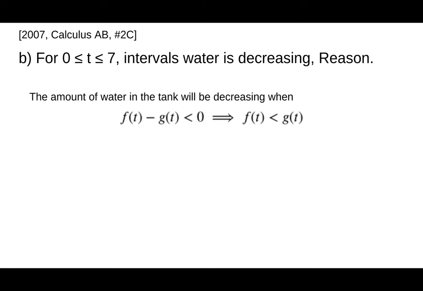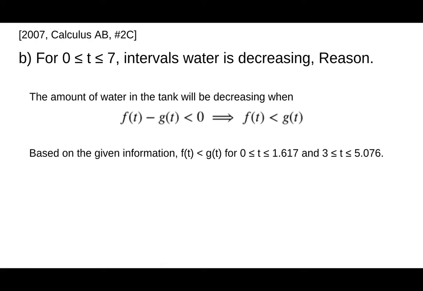Now, because we have the graphs here, we can see where they intersect, but we're also told in the question stem where they intersect. So g of t is a piecewise function. It's just two linear functions, and then f of t has got some curvature to it. But we can use the information in the question stem. We're given, and based on the graphs provided, that f of t is less than g of t for t equals 0 to 1.617, and again from t equals 3 to 5.076.